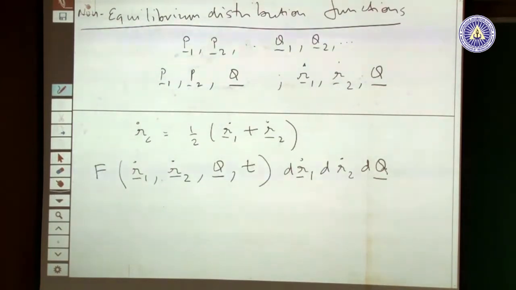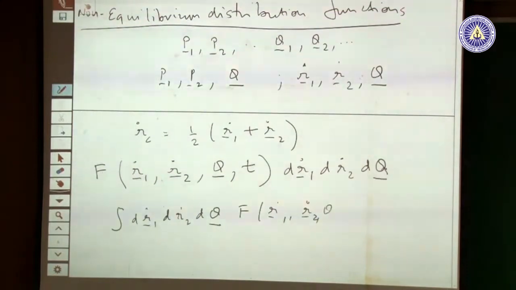And now this we are going to say is normalized. In other words, the integral of dr1 dot, dr2 dot, dq of f of r1 dot, r2 dot, q comma t is equal to 1.